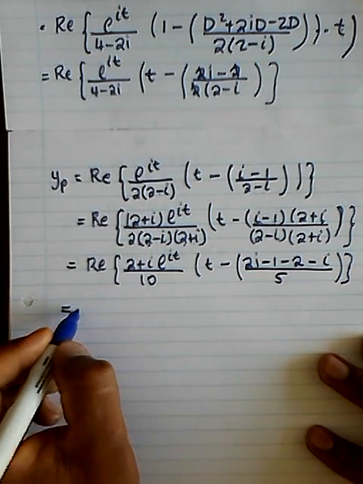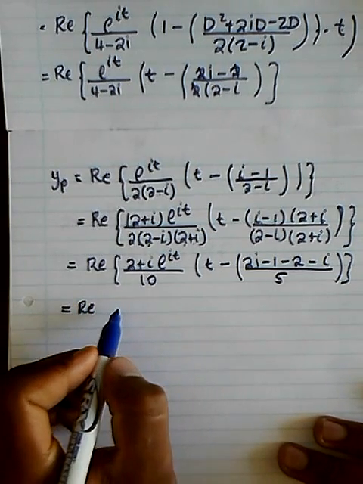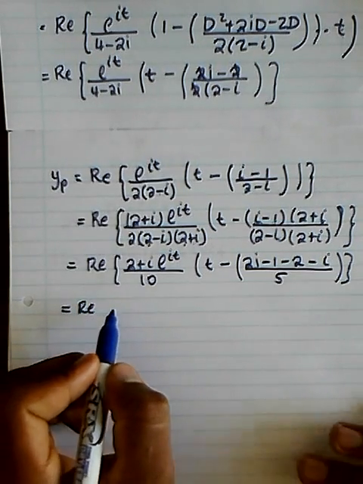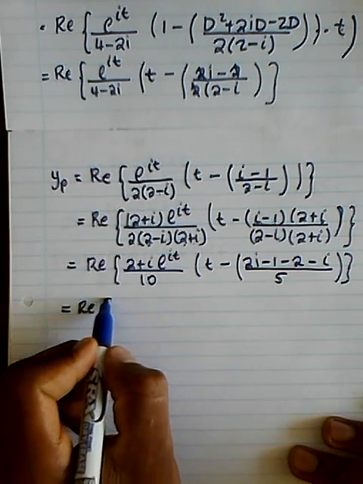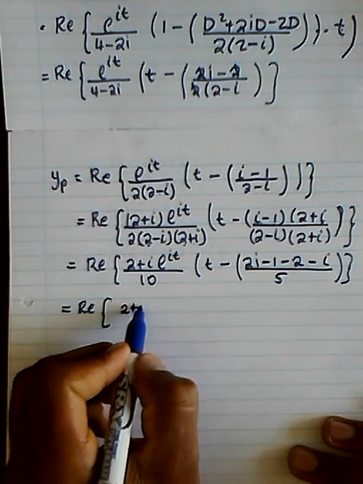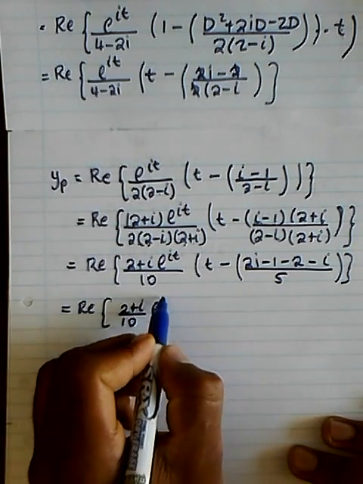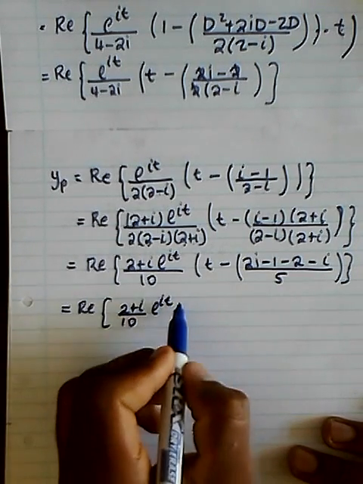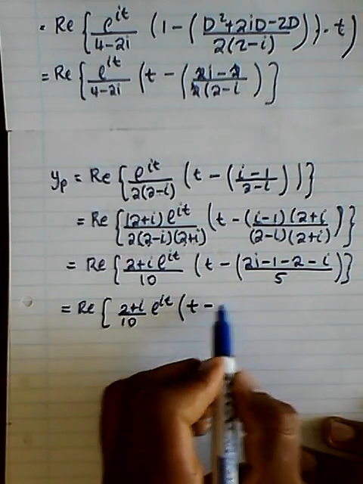So we have the real part of (2 plus i) divided by 10 e to the it. Okay, and then this is t minus.